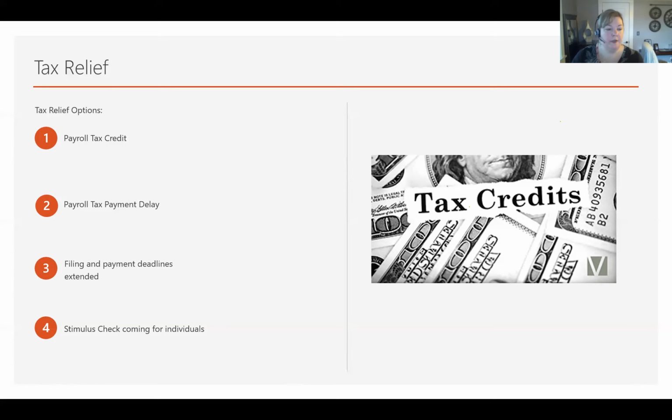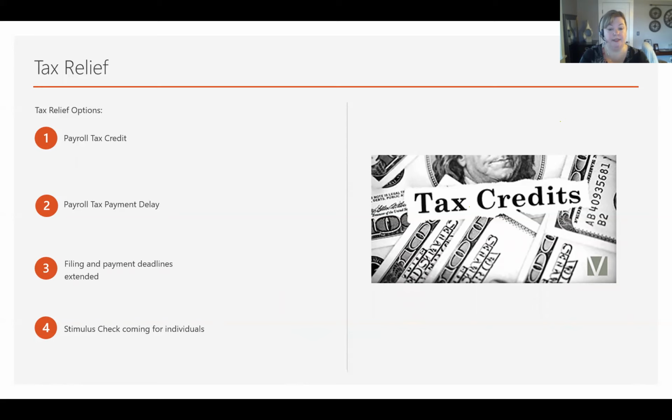Good questions. Okay, payroll tax payment delay. A rule came out that says you can defer the employer side, so you can't keep the employee's money, but you can defer the employer's side of the payroll taxes and not pay those now until the end of the year, until 2021 and 2022.